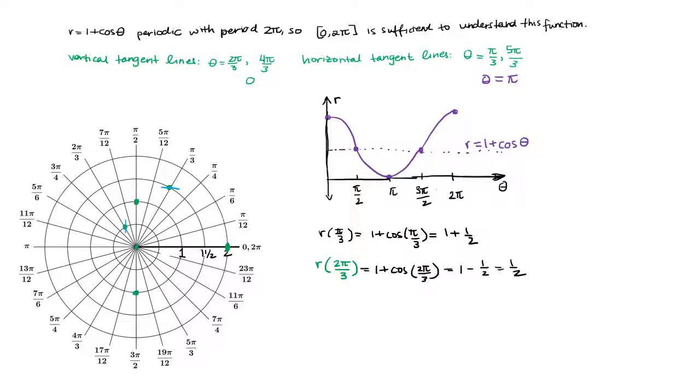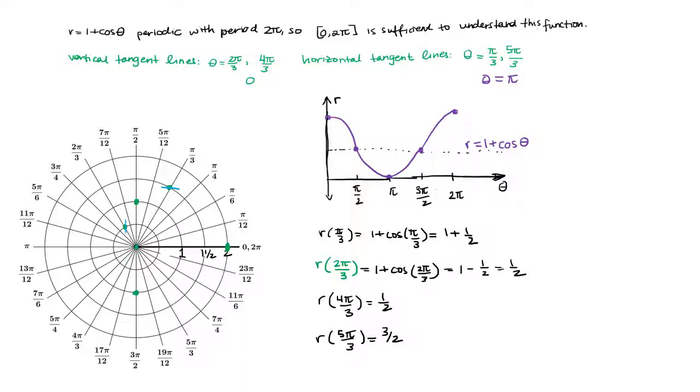Okay. At r of 4 pi over 3, again, this is equal to 1/2. And r of 5 pi over 3 is again equal to 3/2. So we can draw these guys in. This is showing symmetry between the two graphs.